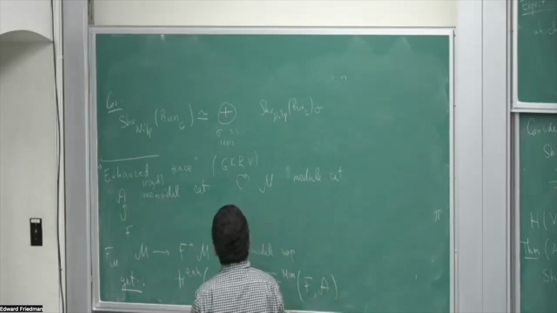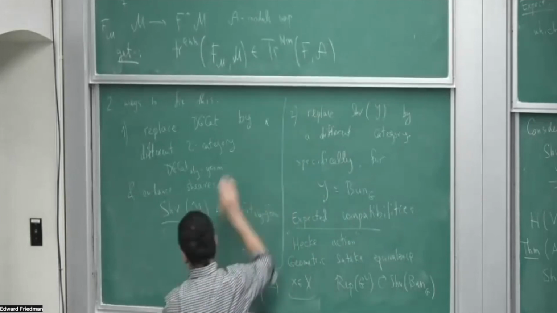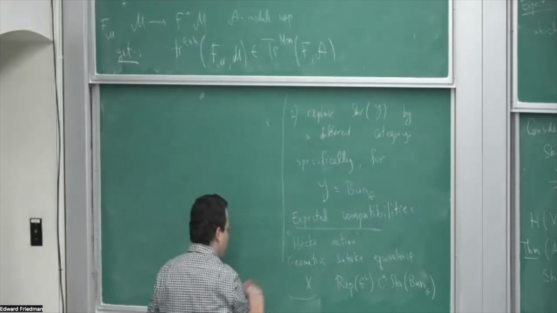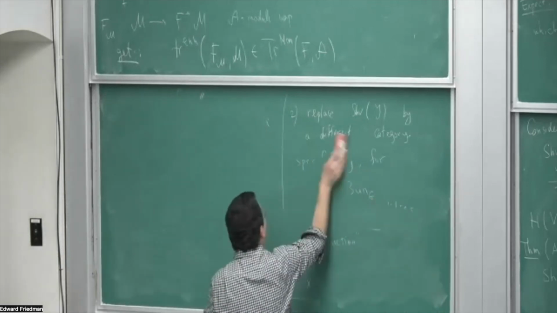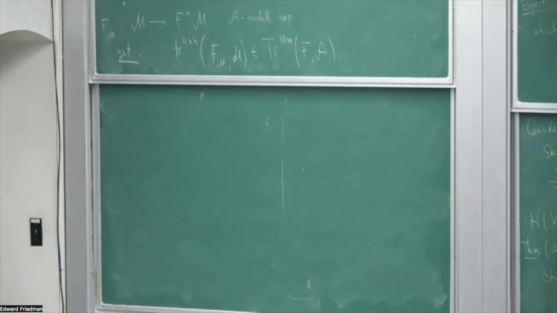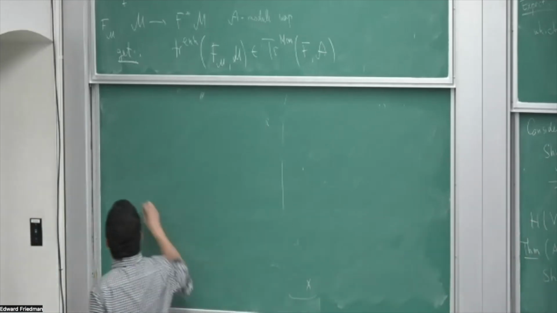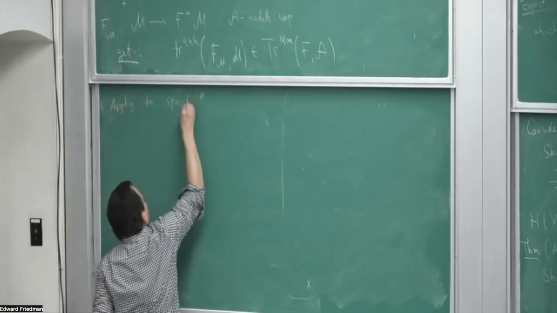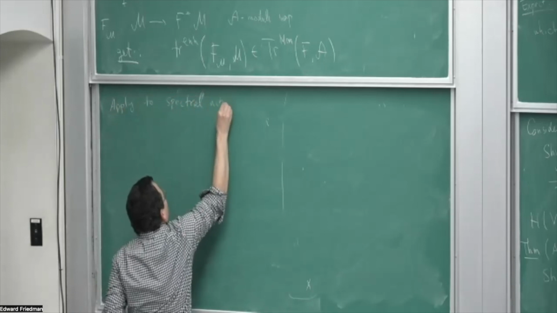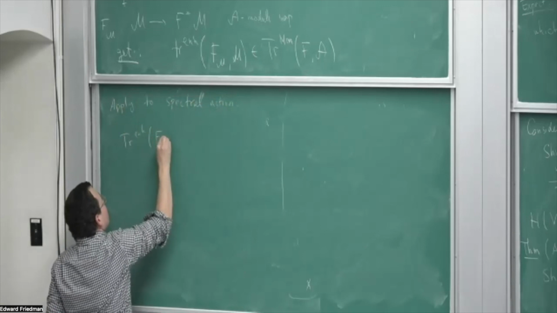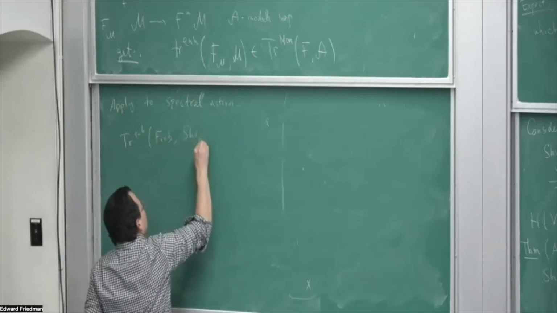Okay. So I want to apply this to my spectral action. What I get is an enhanced trace of Frobenius acting on this automorphic category.